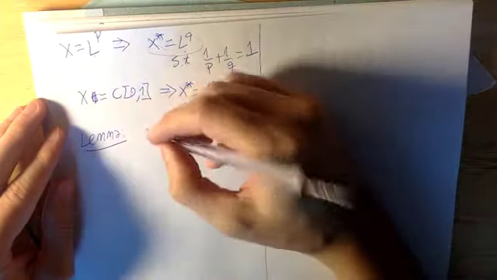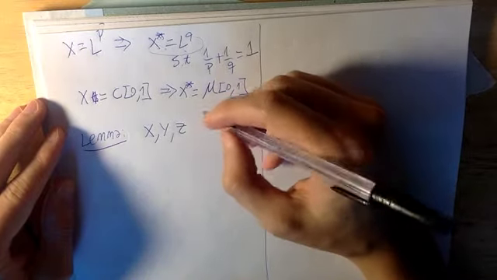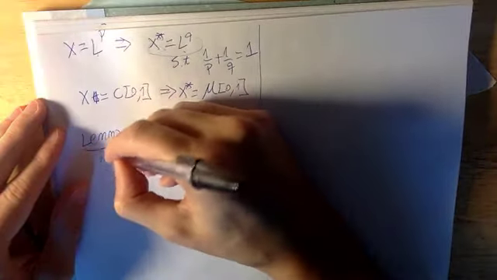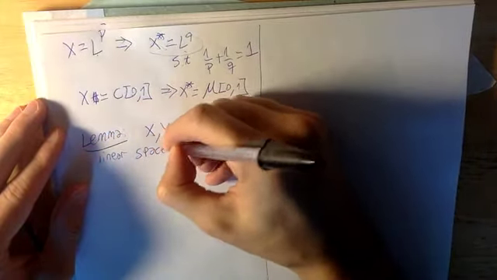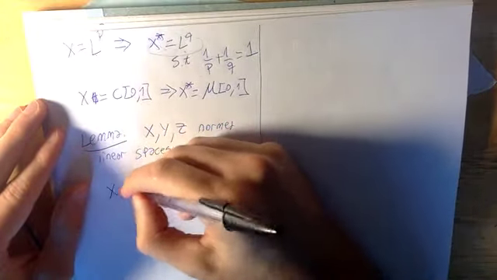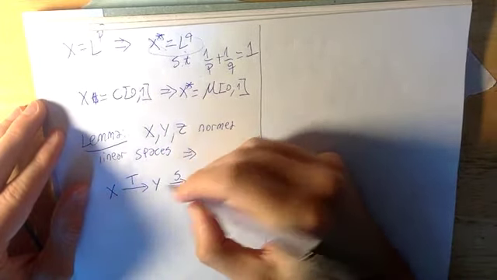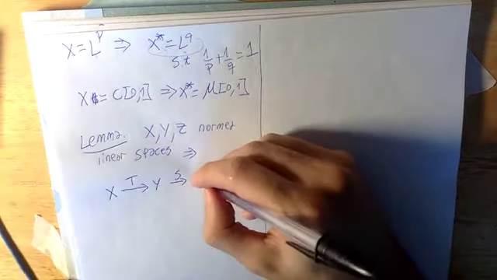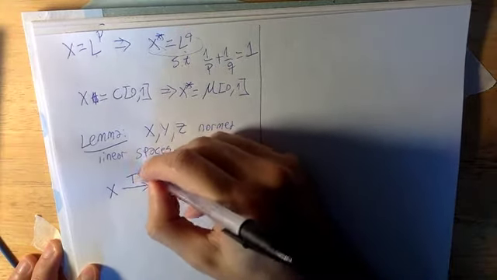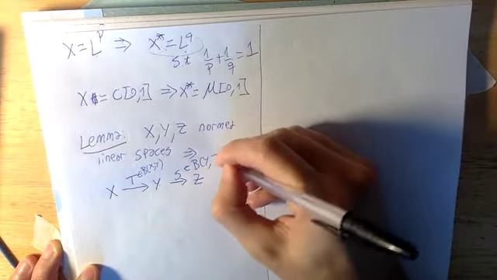Lemma: let's say that we have X, Y, and Z, which are normed linear spaces. Let's say that X is mapped onto Y by T, and S maps Y onto Z, where T is in B(X, Y) and S is in B(Y, Z).